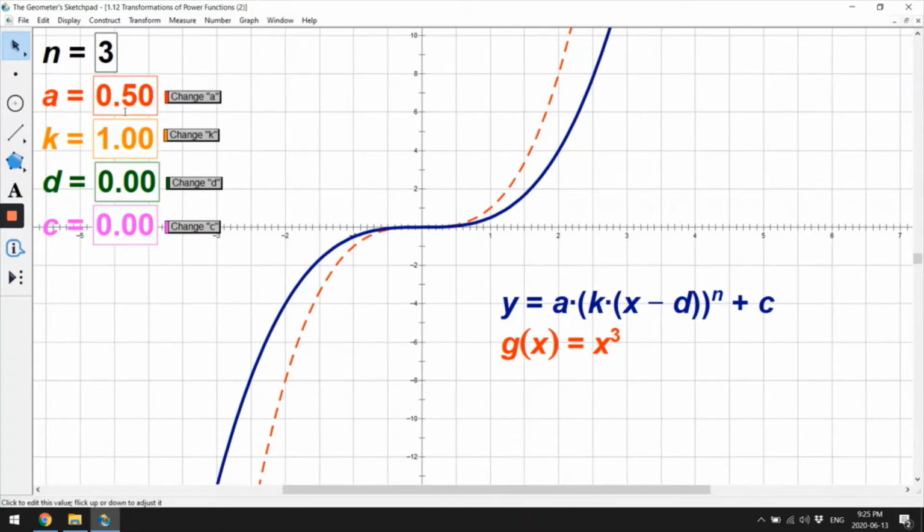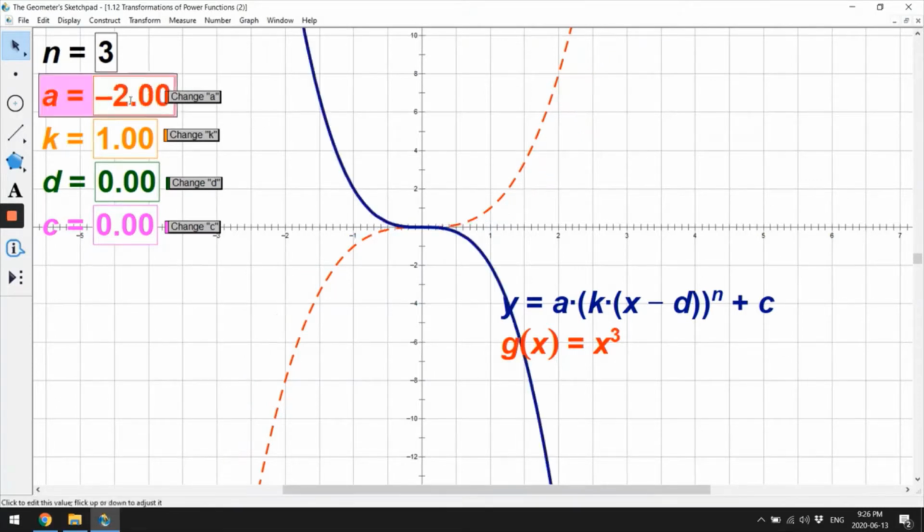So I would argue that it's a vertical compression by a factor of 2. I'll spend more time explaining why it's vertical compression by a factor of 2, but we'll save that for the transformation lessons for grade 10 and grade 11. And if it was negative, then there's a reflection with respect to the x-axis.